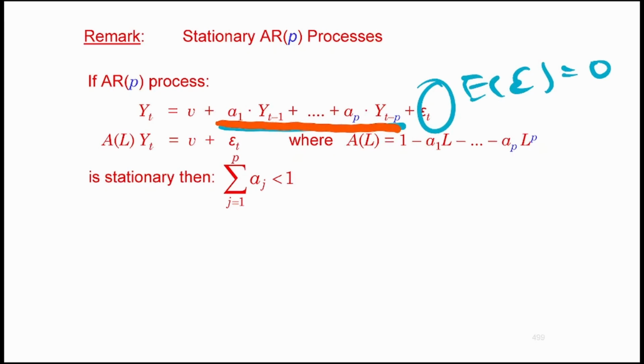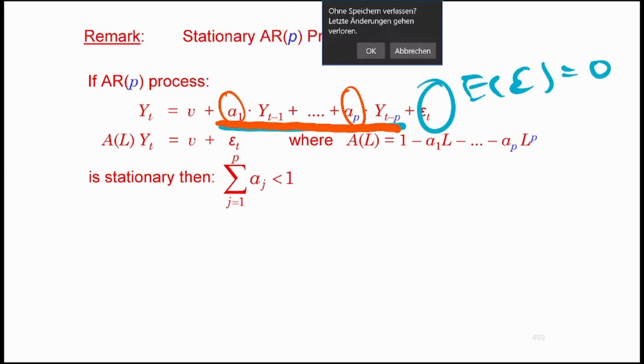And if the sum of all these coefficients is equal to 1, it's going to be a so-called random walk. But if it's greater than 1, then the process will tend to explode, as past observations disproportionately impact the current observation, so it's steadily growing because it's exponential.